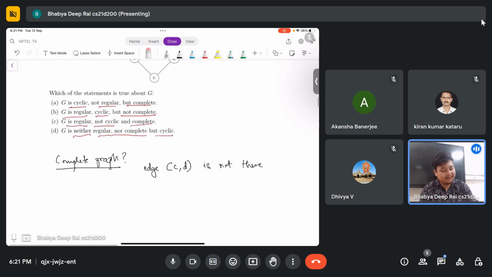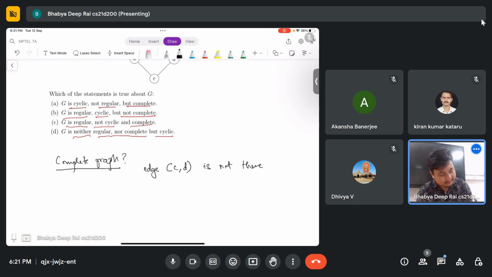So this is clearly not complete. So we are done with this option, which is definitely not there. So we are left with checking regular and cyclic.